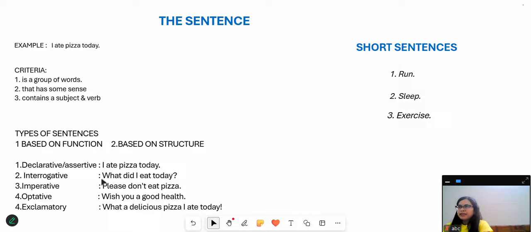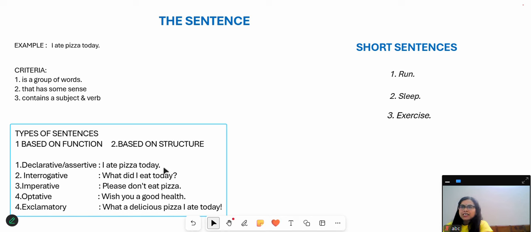And do remember again that a declarative sentence simply declares something and ends with a period or a full stop. An interrogative sentence asks something, it questions something, and ends with an interrogative or question mark. The imperative sentence usually puts a command, a request, an instruction, and ends with a period again.